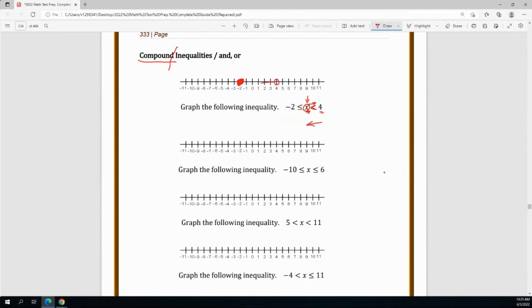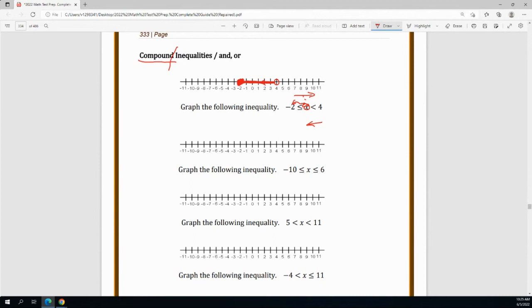Okay, so I know I'm going to be marking this way. Now let's go the other direction and see what it says. If I start here in the middle, I say the answers are what? Greater than or equal to -2. Oh, okay. So that means the answers are going to be located this way from -2. So it means I'm going to be highlighting the area in between -2 and 4.